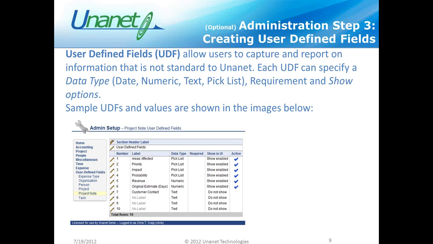Each user-defined field can specify a data type, which can be a pick list, it can be numeric, or it can be free text. You can also choose your requirement options and your show options. One of the great things about user-defined fields is that you can report on them in ad hoc reports.